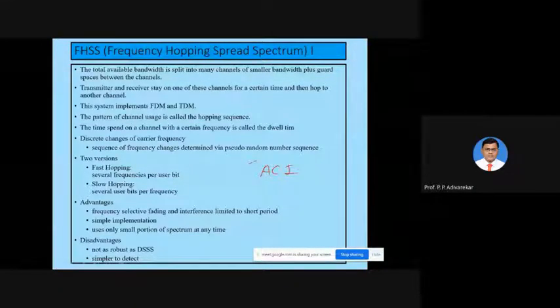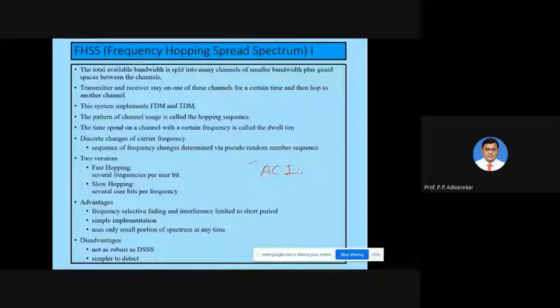Okay, so now transmitter and receiver stay on one of these smaller channels for a certain period of time, and then hop, or jump we can say, to another channel.